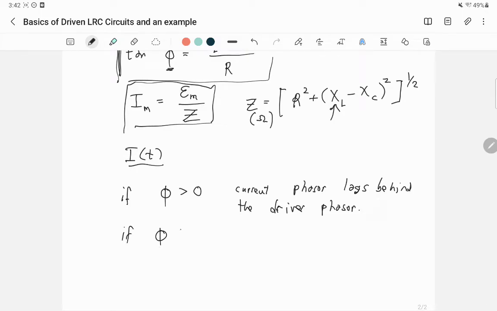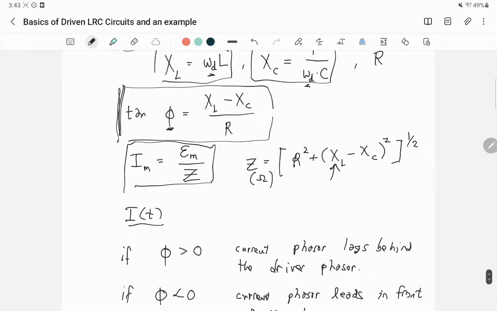If the phase angle is smaller than 0, then the current phasor leads, in front of the driver. And if phi equals 0, so how do you get phi equals 0?